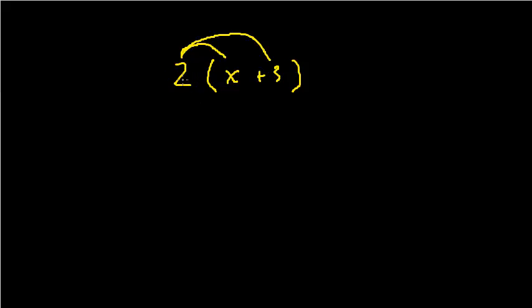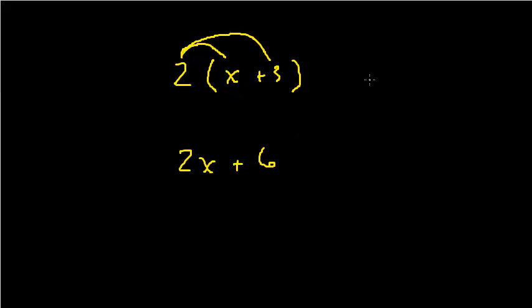So what I'm doing is I'm multiplying this 2 by the x and multiplying 2 by the 3. 2 times x is just written 2x, and then I'm adding that to 2 times 3, which is 6. So I've now simplified this expression.